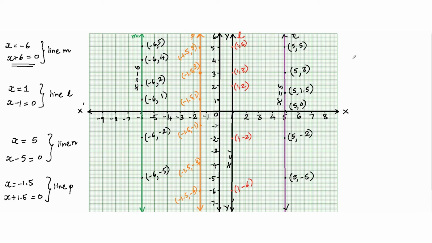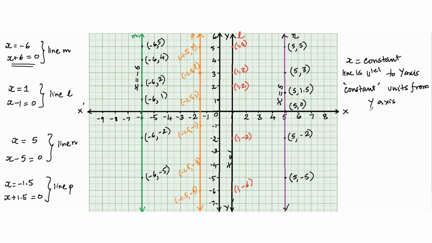So in short, we can say that when x is equal to a constant, the line is always parallel to the y-axis. You will notice that the line is situated at constant units from the y-axis.